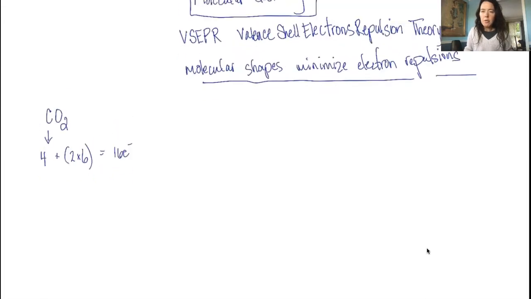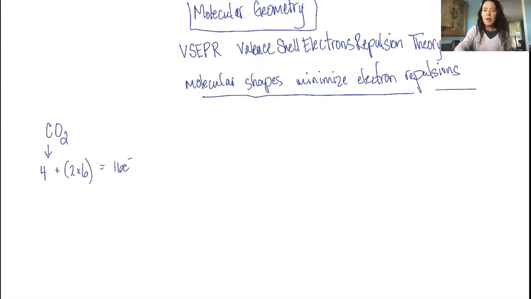We will now arrange our atoms. Carbon loves to be in the center, and we will put the oxygens around it. We will connect with a line, which is a shared pair of electrons. That is 2 electrons. Minus 2 is 14. Connect these. Minus 2 is 12.